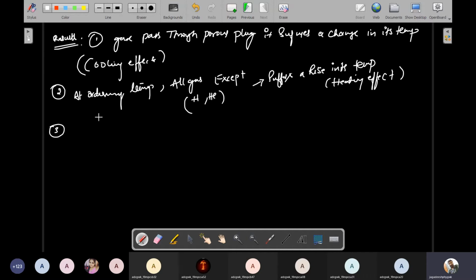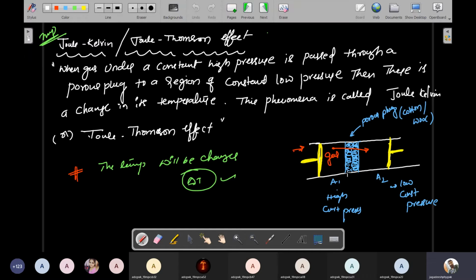The changing temperature is directly proportional to the difference in pressures on both sides of the porous plug. See this porous plug: a gas passes through it and suffers a change in temperature. This pressure is maintained at P1 and this pressure at P2.